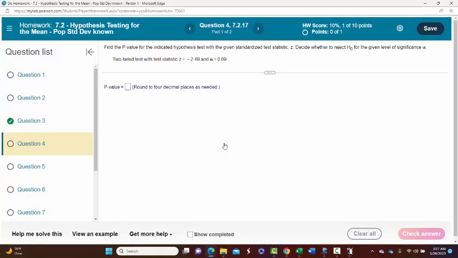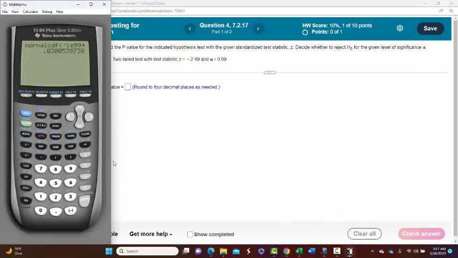Okay, this same kind of thing, two-tailed, I'll do this real quick. Two-tailed, negative 2.49. So I can go 2 times, or I can multiply by 2 at the end. Okay, I can do the same thing here, just put in 2.49.